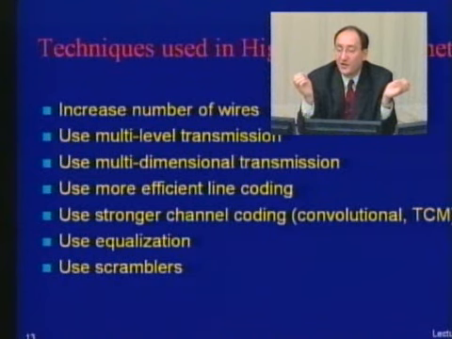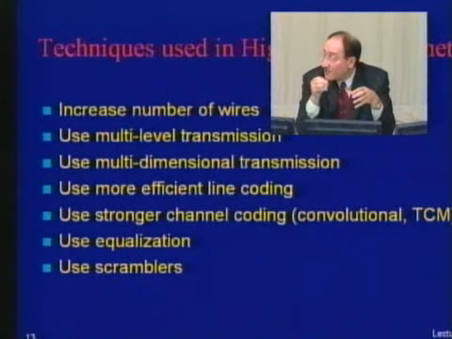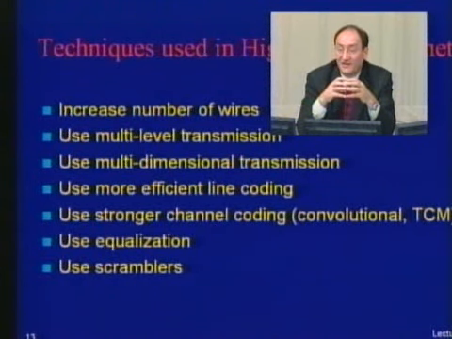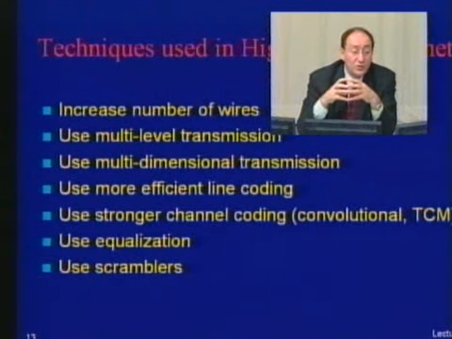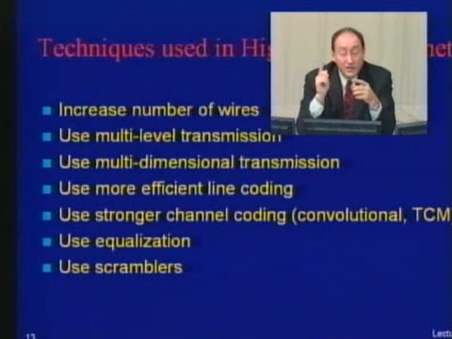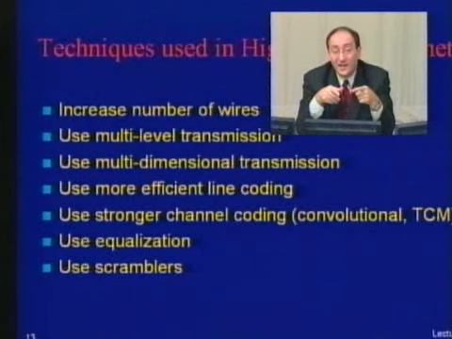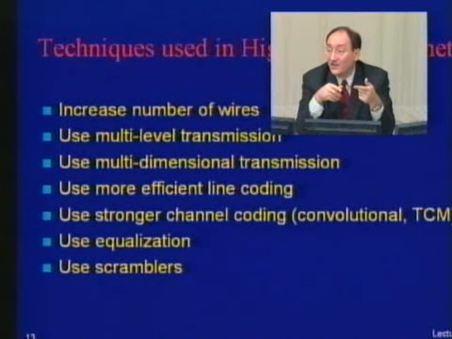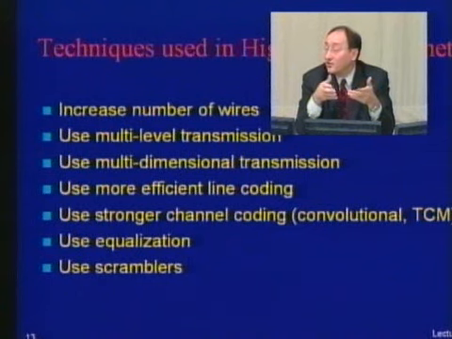But these people at the transmission level, for the physical layer, they use coding, and then they go to stronger codes. CRC were what? Block codes. What were the stronger codes that they had? Convolutional codes and trellis code modulation. They try to use that. Actually, they use that in gigabit Ethernet.